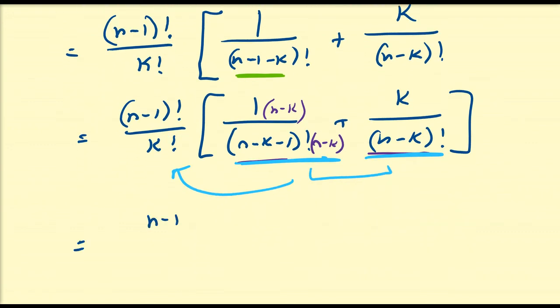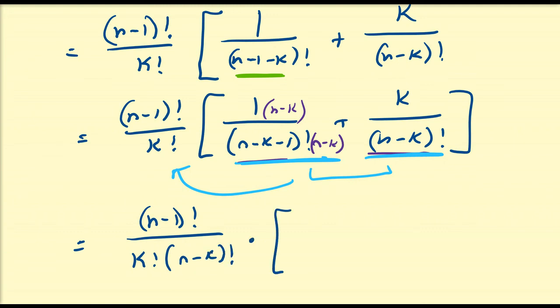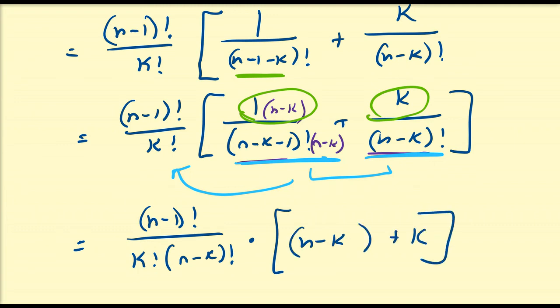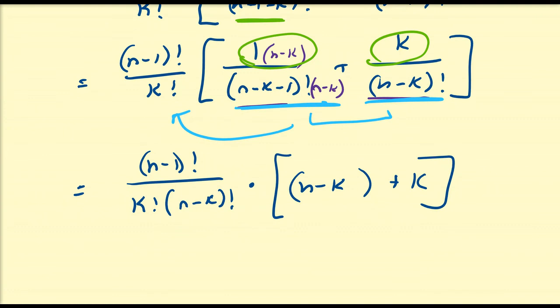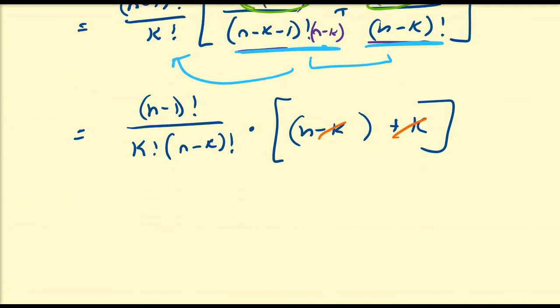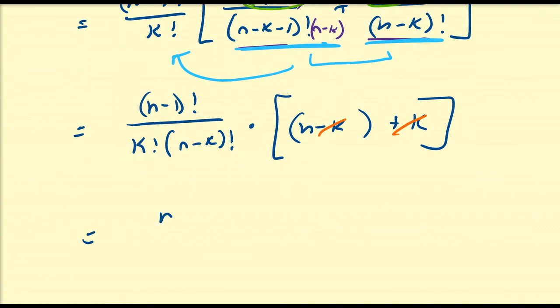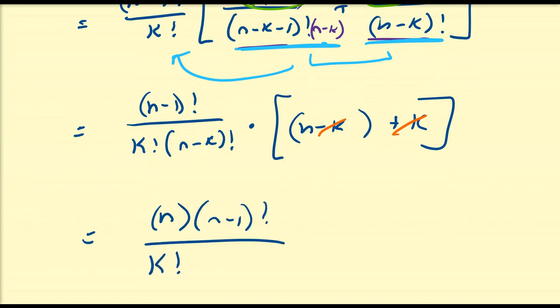So then I'm going to have n minus 1 factorial over k factorial times n minus k factorial multiplied by, just the numerators of these two fractions. So then I'm just going to have n minus k plus k. So minus k and k will cancel. So I'm just left with n times n minus 1 factorial over k factorial times n minus k factorial.